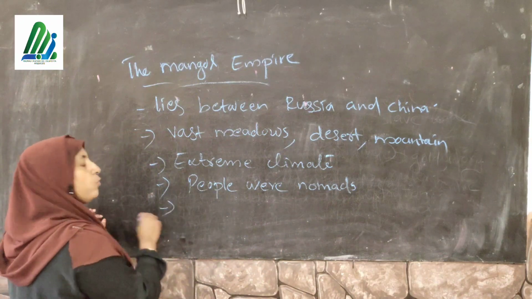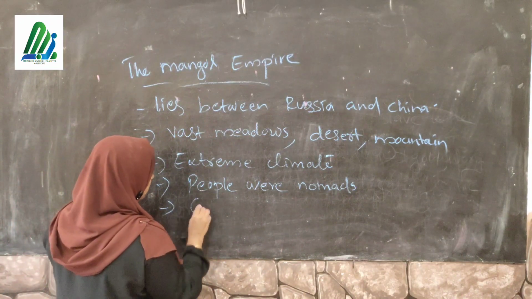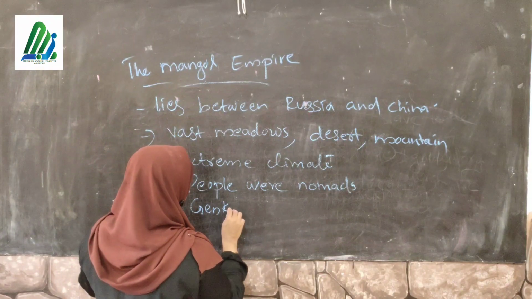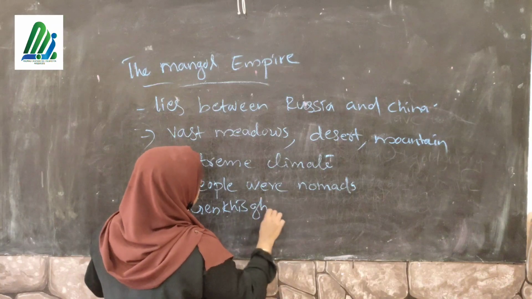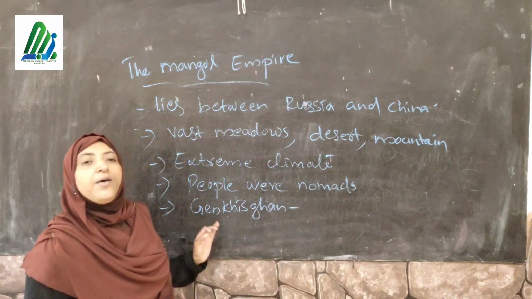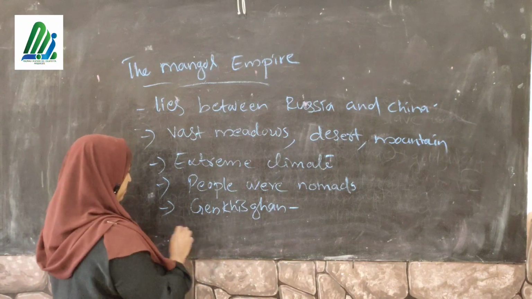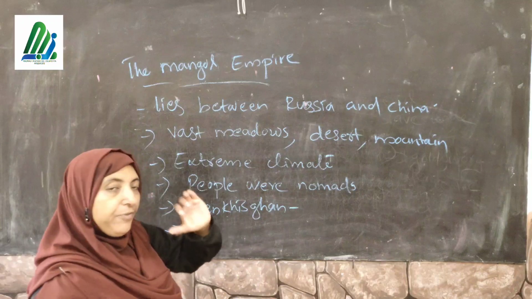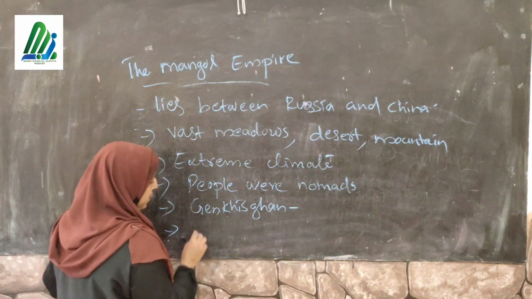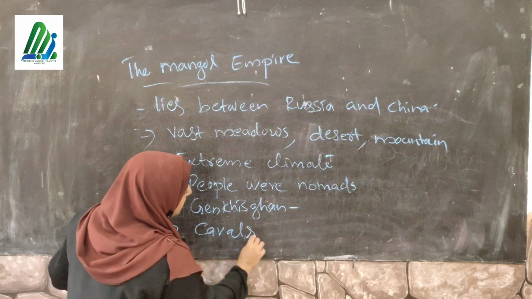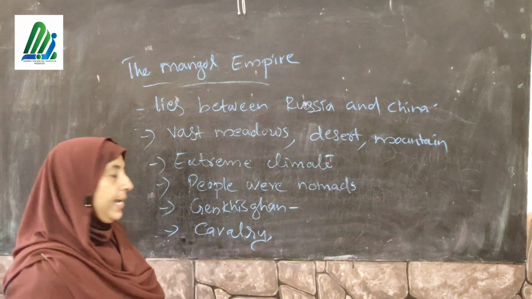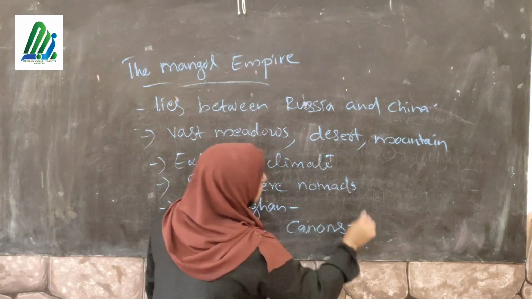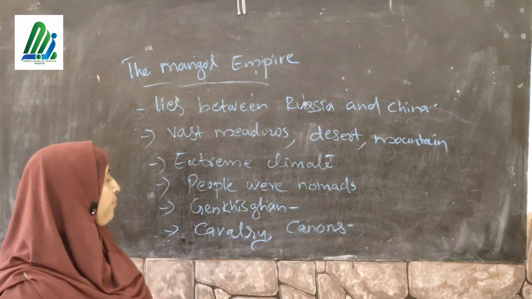Then famous ruler Genghis Khan. Genghis Khan was the famous ruler. Then we can say the important features of their army. The first point, cavalry. Then another important point you can add, they used cannons.